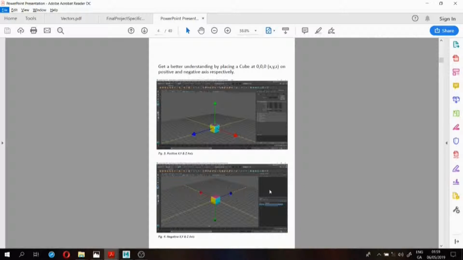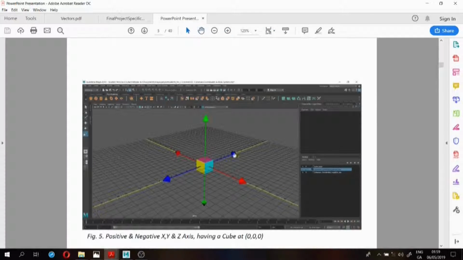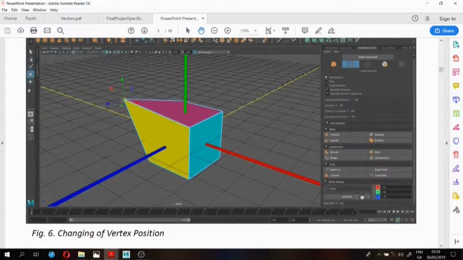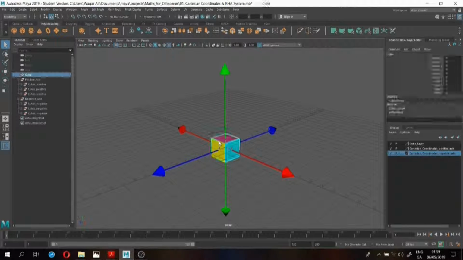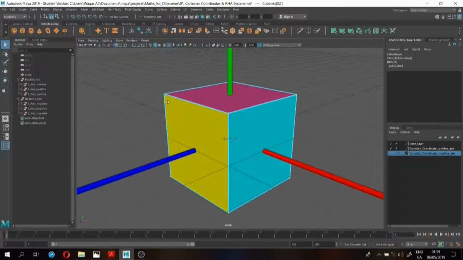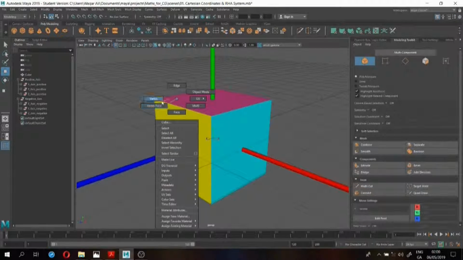You can check the attributes when you move the cube. Let's say we hide the layer, go back to the vertices, and press F to see.